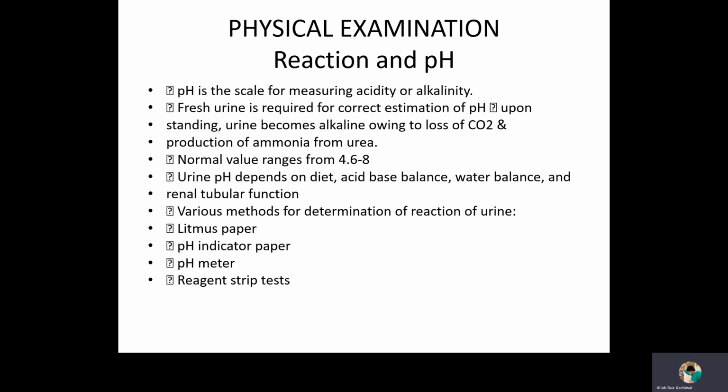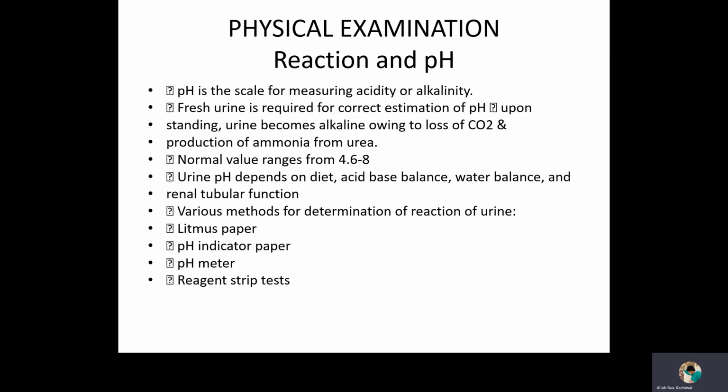pH is the scale for measuring acidity and alkalinity. Fresh urine is required for the estimation of pH, because upon standing, urine becomes alkaline owing to a loss of carbon dioxide and production of ammonia from urea. The normal value ranges from 4.6 to 8.